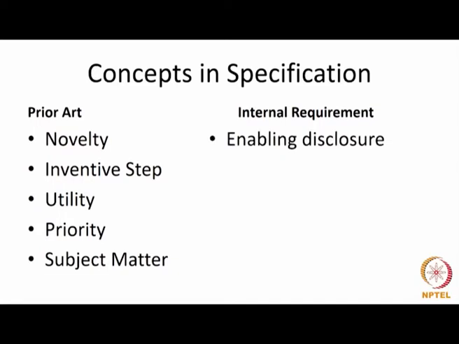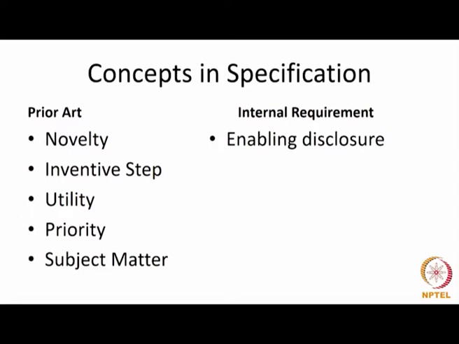Now with regard to the internal requirements, there is a concept called enabling disclosure. So in the descriptive part, you are going to describe the invention with examples, with illustrations, drawings, and showing how the invention works. Now the standard of disclosure is that the disclosure should enable a person skilled in the art to come up with the invention, to make the invention. So you cannot just have a skeletal disclosure or a bare disclosure without getting into the details, which if a person skilled in the art reads it, will not be able to come up with the invention.